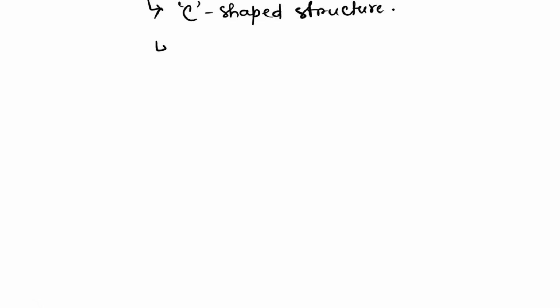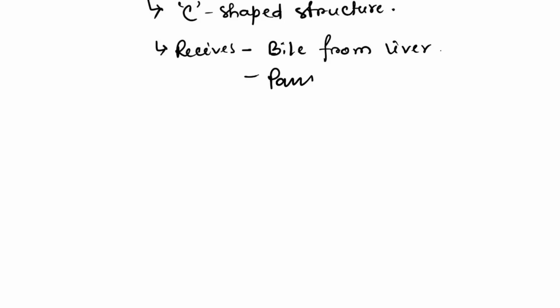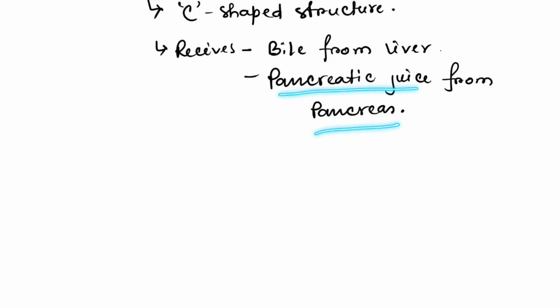It receives bile from the liver and pancreatic juice from the pancreas. Pancreatic juice comes from the pancreas only, and bile comes from the gallbladder, which is situated beside the liver. So this is the duodenum.